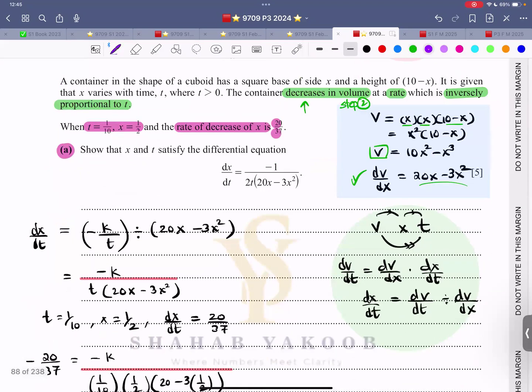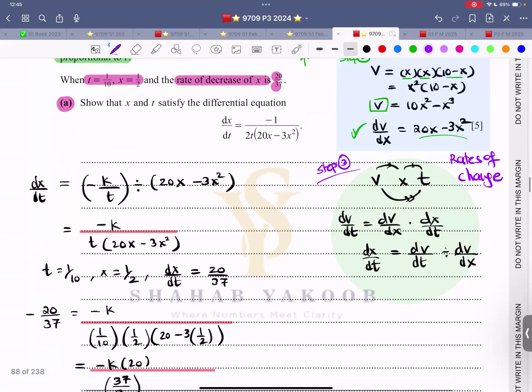Then we have step number 3. That is from P1, rates of change. Very, very important. Nowadays, it's again in fashion, in vogue. So expect something like this in 2025 also. So we have V, x and t: dV by dt, dV by dx times dx by dt. Make dx by dt the subject. That is dV by dt divided by dV by dx.